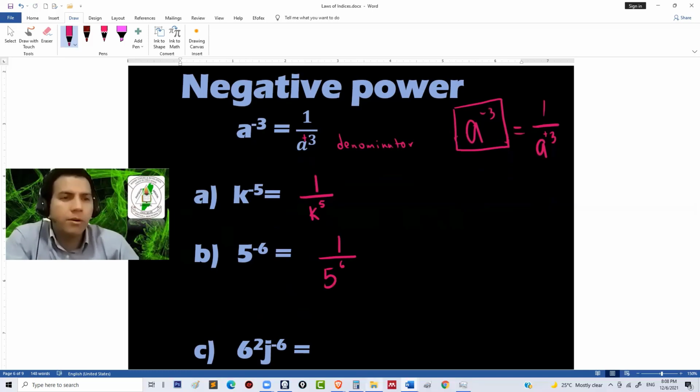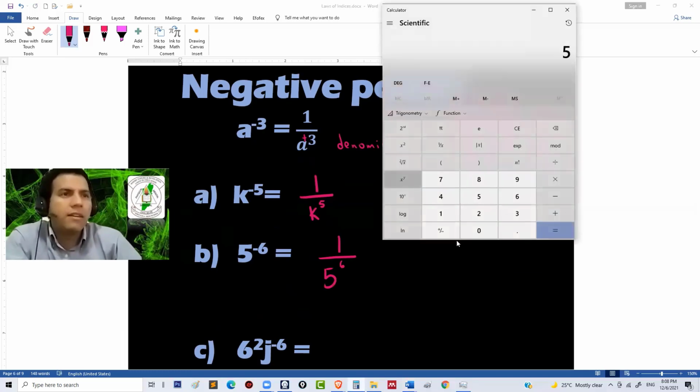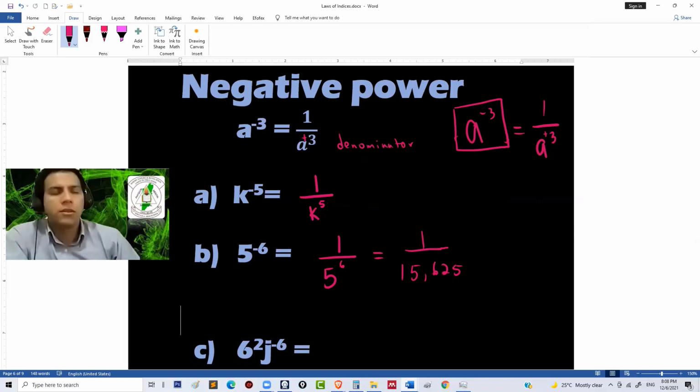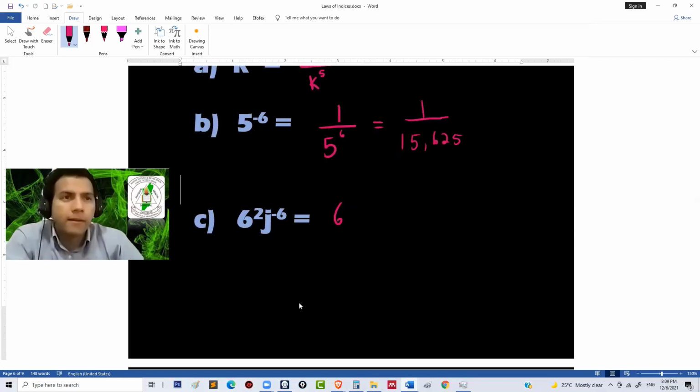Now we need to do 5 power 6, which is 15,625. So the answer is 1 over 15,625. We can write it as a decimal, but it's okay in this case. And what about the j? J negative 6. So we have to bring it down and write j power 6.